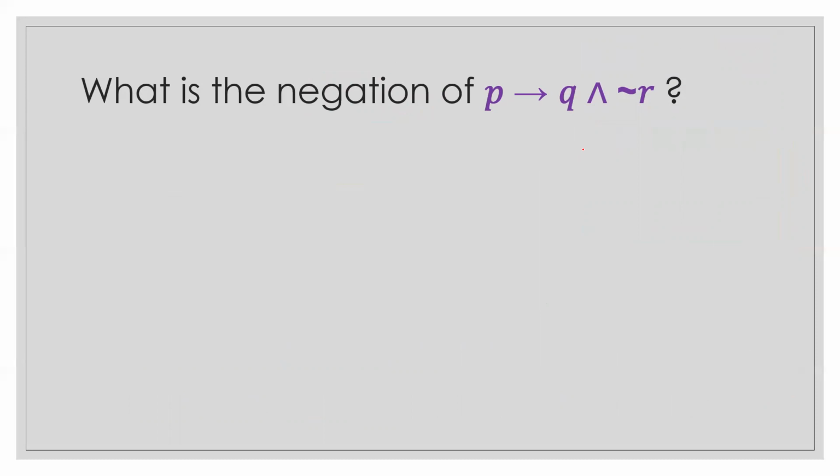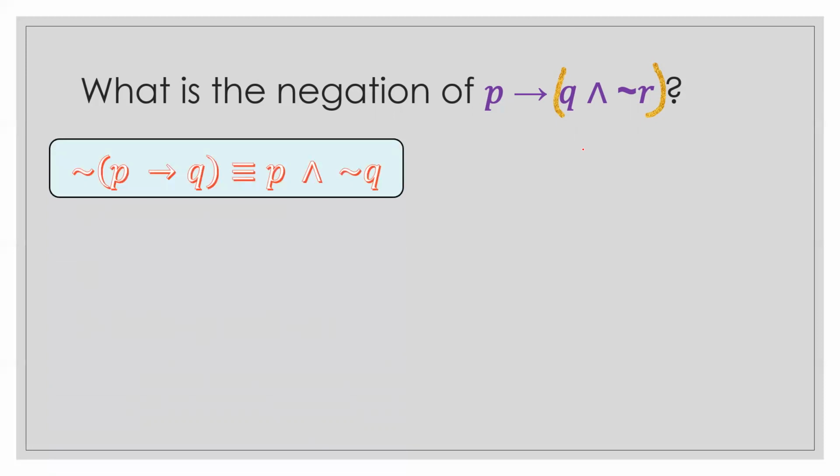Before we do that, we think about the order of connectives, and we realize that the then part is really a compound statement, Q and not R. Remember now that the negation of if-then is P and not Q.